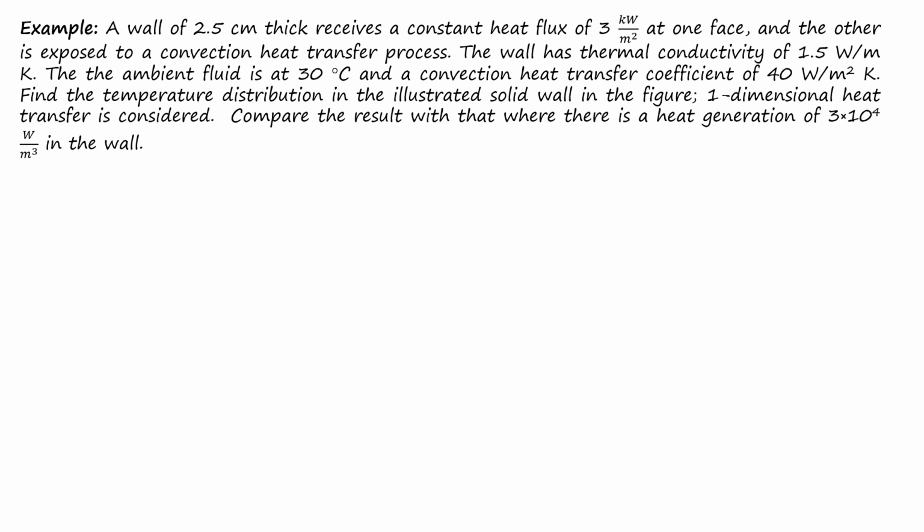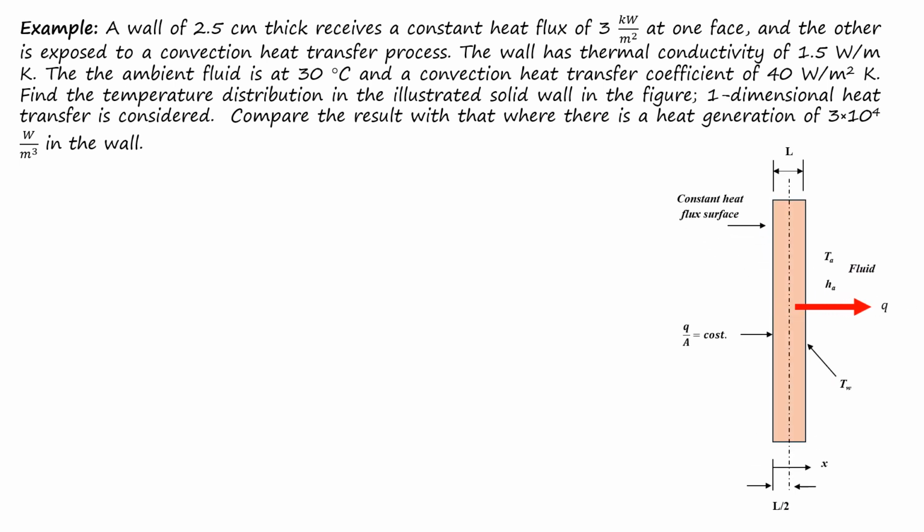This is another example, with the same values as those used in the previous example, with a wall exposed to convection, and the other one exposed to constant heat flux, with all parameters given. The parameters for convection are T ambient and heat transfer coefficient. The heat generation per unit volume is still the same, 3 times 10 to power 4 watt per cubic meter, and the heat flux is 3 kilowatt per meter square at the other face.